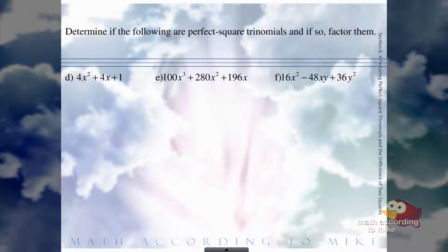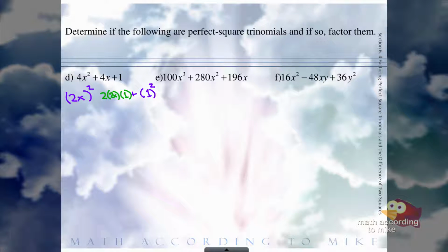So for the first one, what squared is 4x squared? Hopefully you said 2x. And what squared is 1? 1. And now check the inside. Does the inside have the format of 2 times a times b?